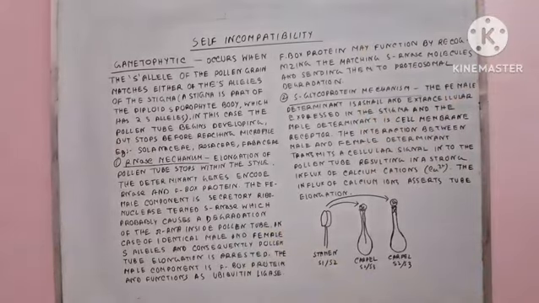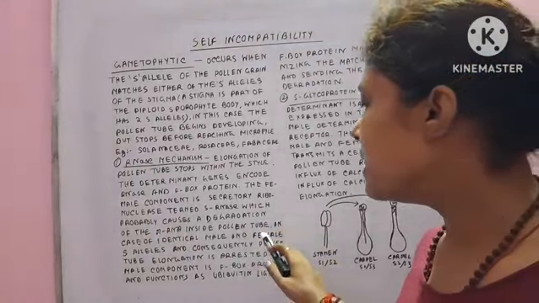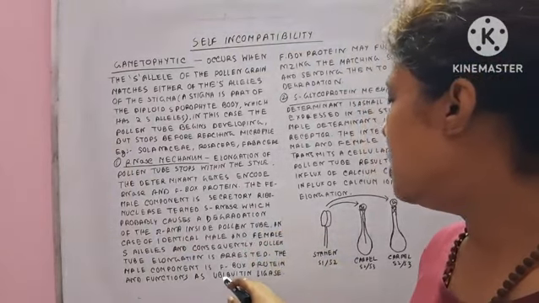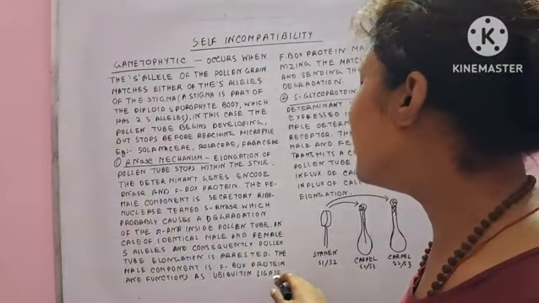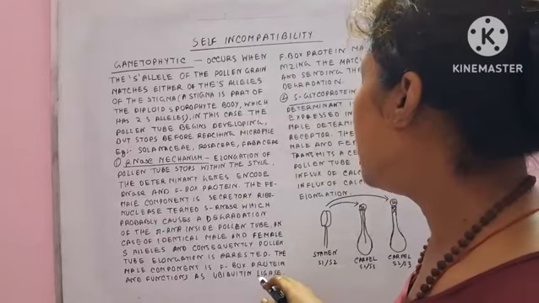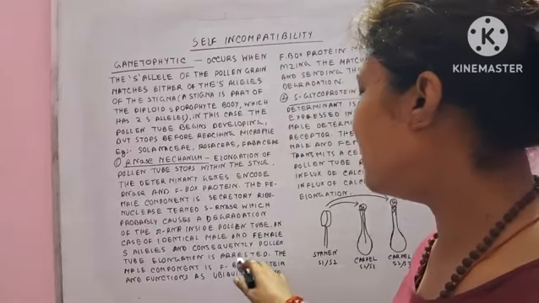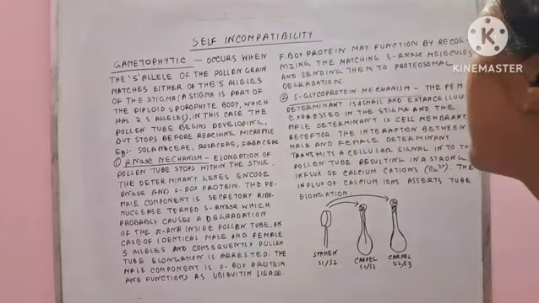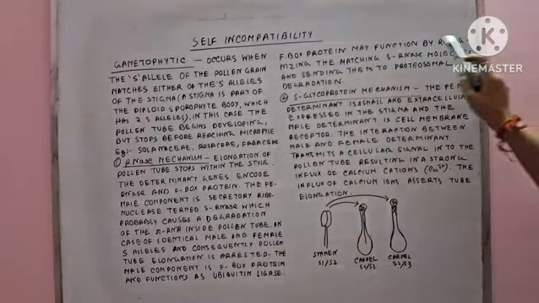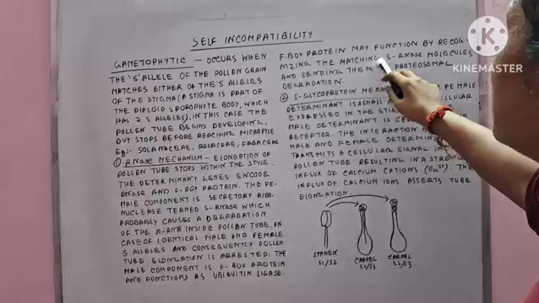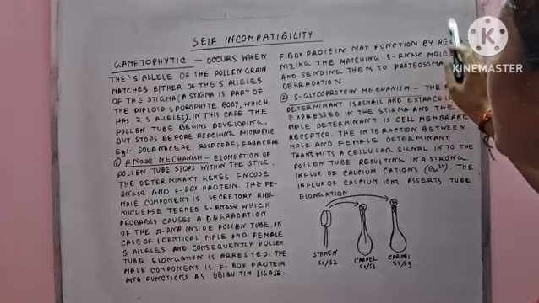The male component, the F box protein, functions as a ubiquitin ligase, by recognizing the matching S RNase molecules.